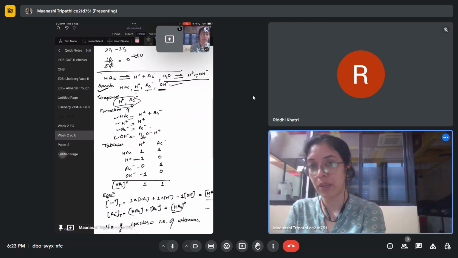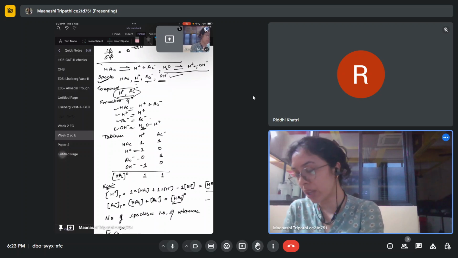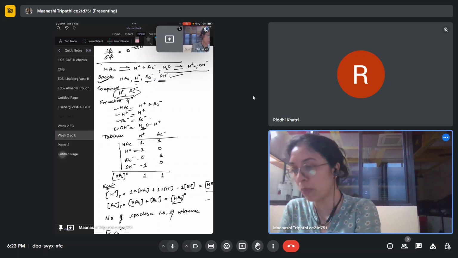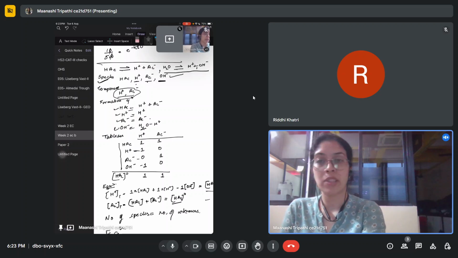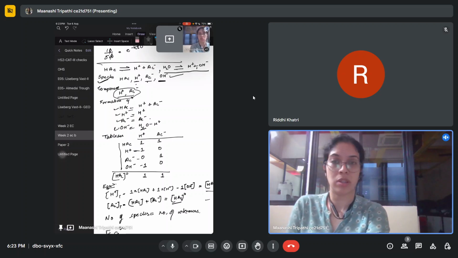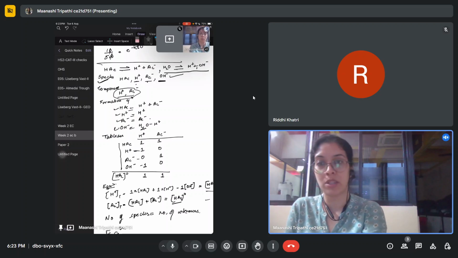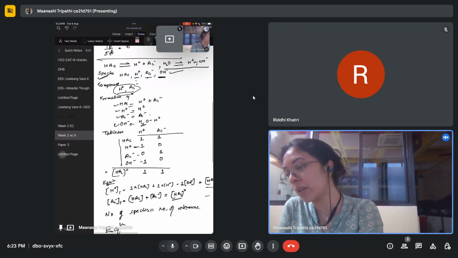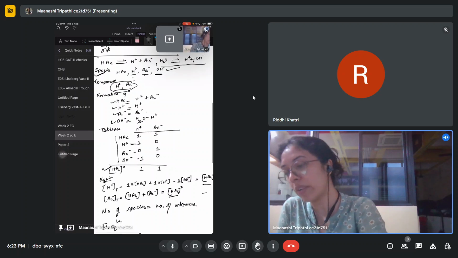From here, we prepared the table. In the table columns, we write all the species that we want, and in the rows, we write the components. And we assign the numbers 1, 2 or 3 depending upon how much of the component is required to make up a particular species. This is the recipe. From here we can write the equations.